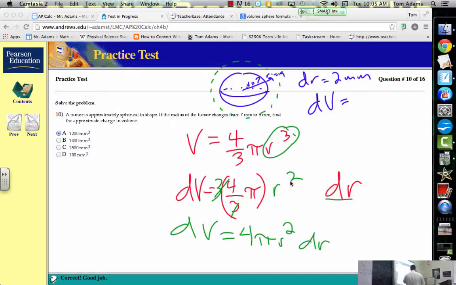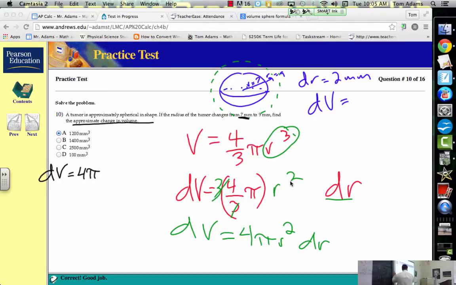So now I just got to plug some stuff in. To find the approximate change in volume, I'm going to say that dV is equal to 4 pi, and r should be 7, because we're starting at 7 and we're changing to 9. And by the way, this is an approximation. When we talk about change, we're talking about instantaneous change, and this was part of our related rate, instantaneous, linearization approximation process.